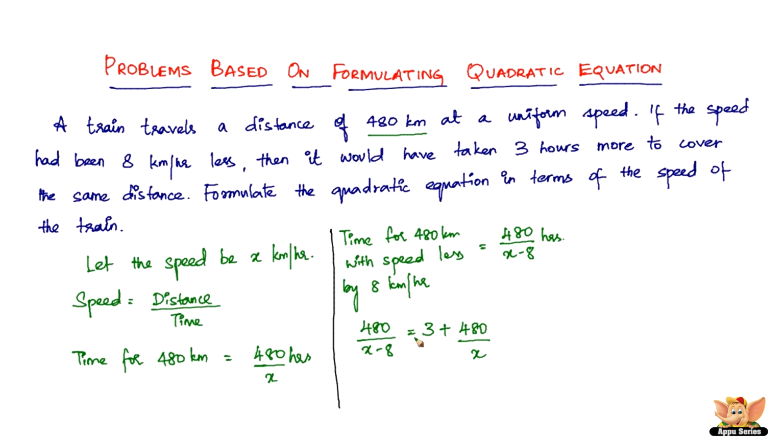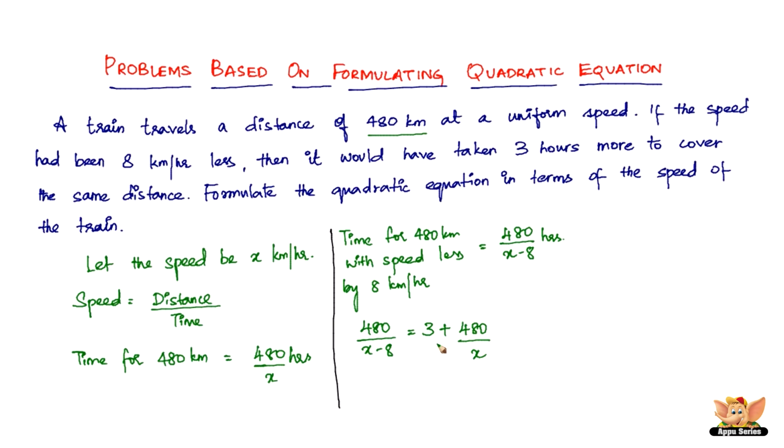I'll repeat it again: 480 divided by x minus 8 is the time taken to travel 480 kilometers at 8 kilometers per hour less, and that is equal to 3 hours more than the original speed's time. So it is 3 plus 480 by x. This is the equation.